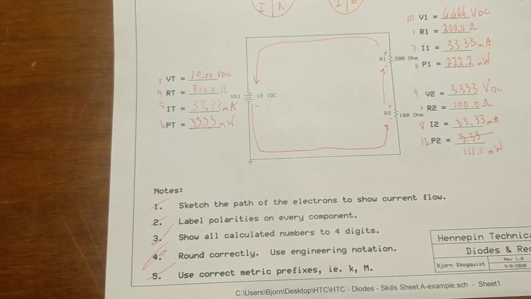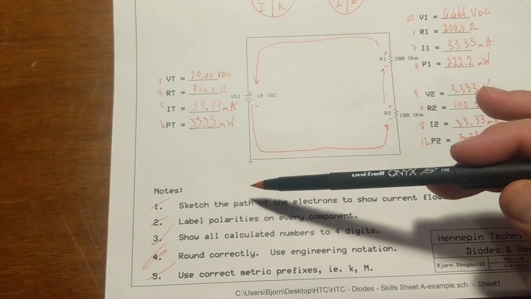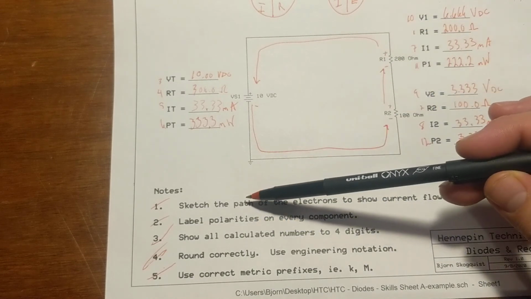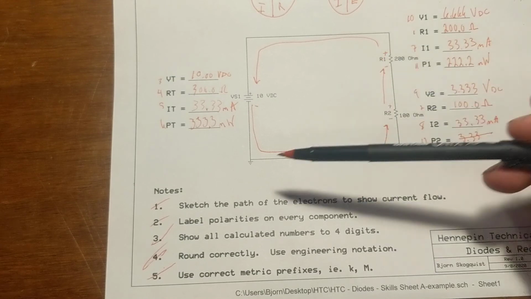So that's kind of how we're going to do this exercise. But I want you to get in the habit of using the polarities so that we understand where that's at in the circuit. It's going to come in very handy during diodes.